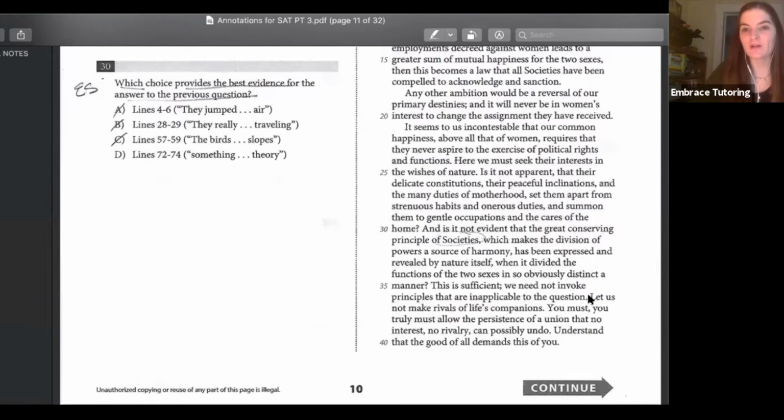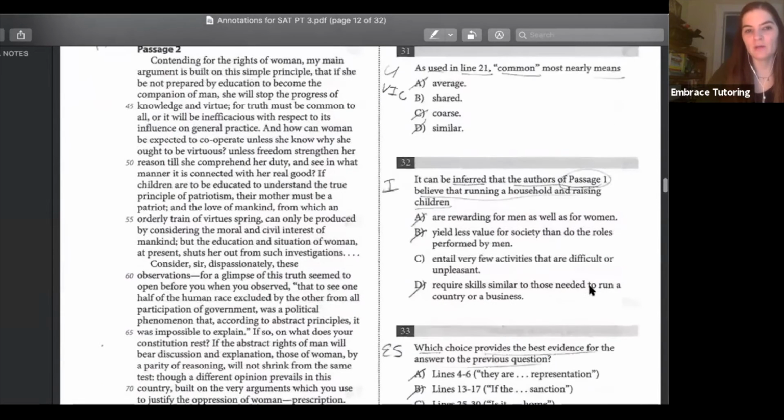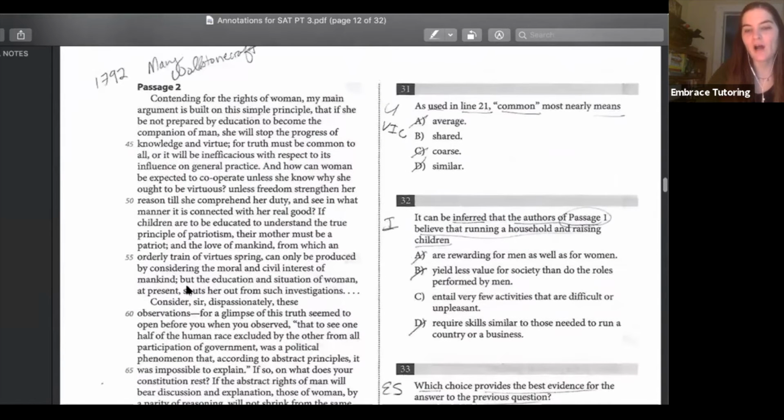Okay, so whether it's in the home, whether it's as a writer, as an equal to men, which is really more what Mary Wollstonecraft is alluding to. She's not saying it outright, because if she said it outright, she would be in a lot of trouble. Okay, so she's already going to be in trouble here.